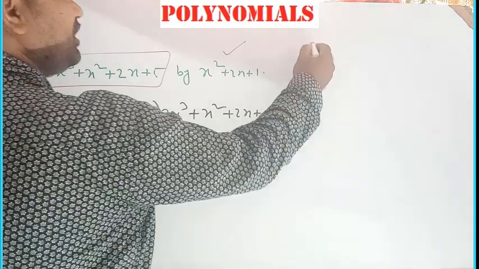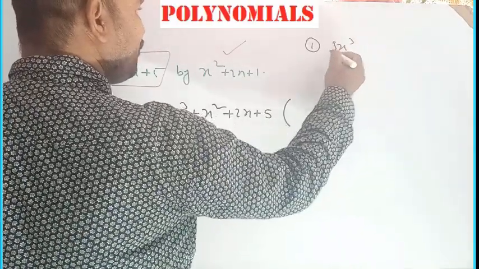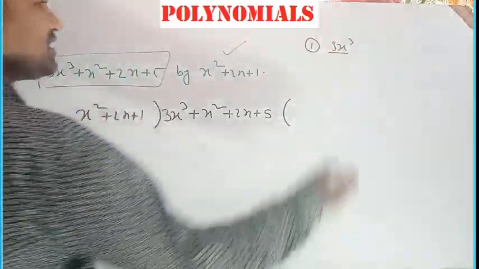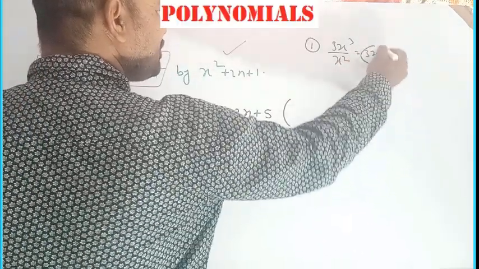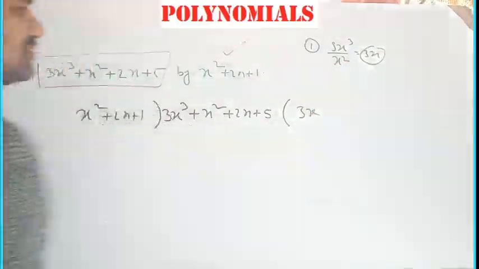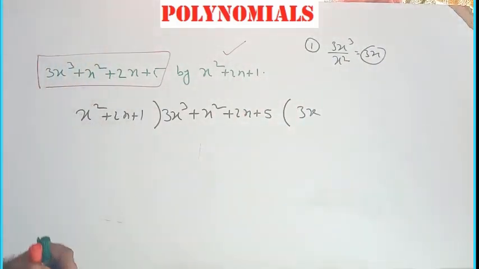Step 1. Take the first term of the dividend. Divide that by the first term of the divisor. What you will get is the first term of the quotient. With a sign plus, 3x I got. Should write here. That is the first term of the quotient.